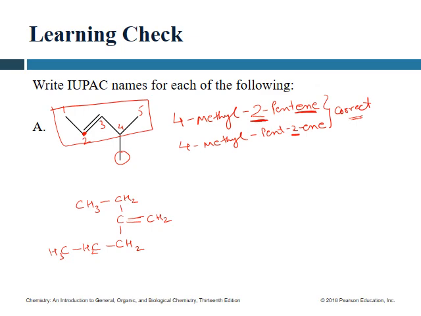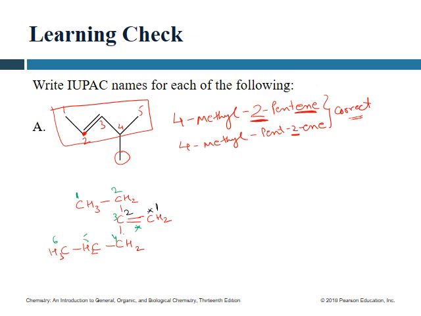So can I start from here? 1, 2, 3, 4, 5, 6. Is it the right one? No, you cannot start counting from here because in this parent chain you are not including a double bond. So this is wrong counting. Make sure you include a double bond. So we have to start counting from this carbon. 1, 2.